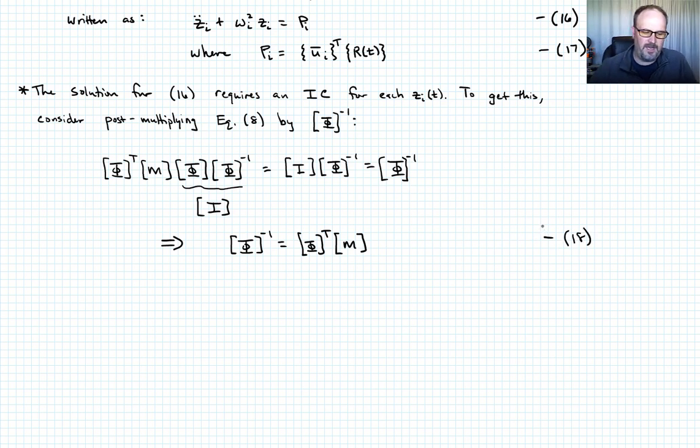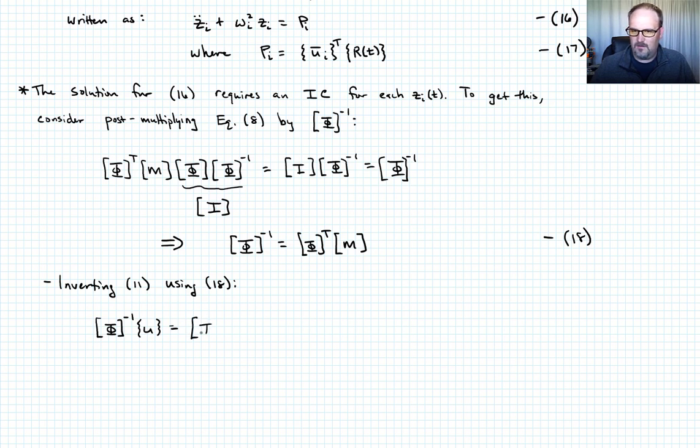So now I can go ahead and invert equation 11 using equation 18. And then I end up with phi inverse times u, right, is equal to phi inverse times phi times z, right?